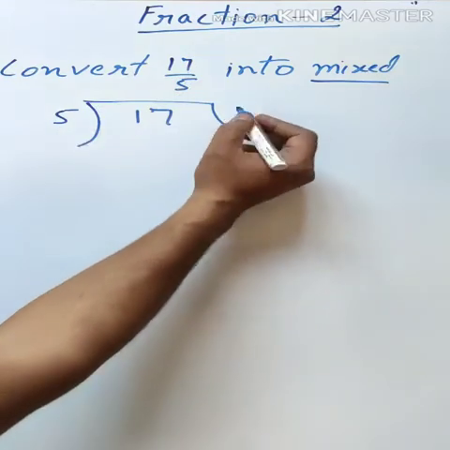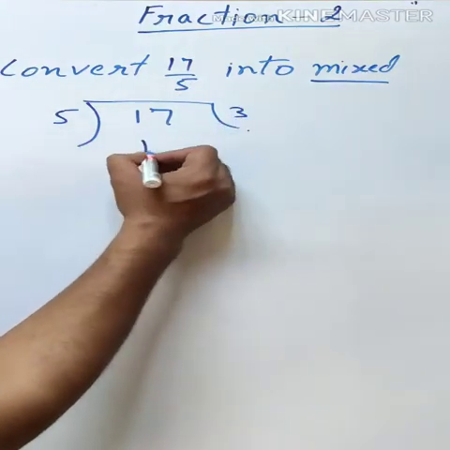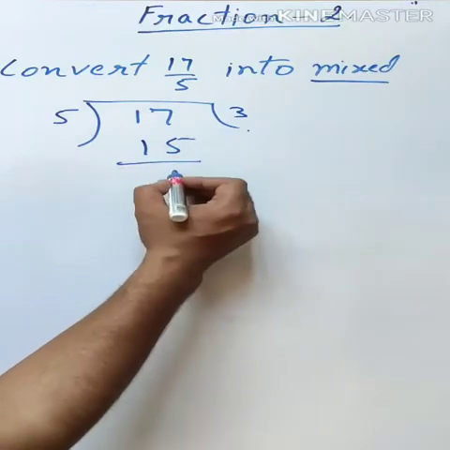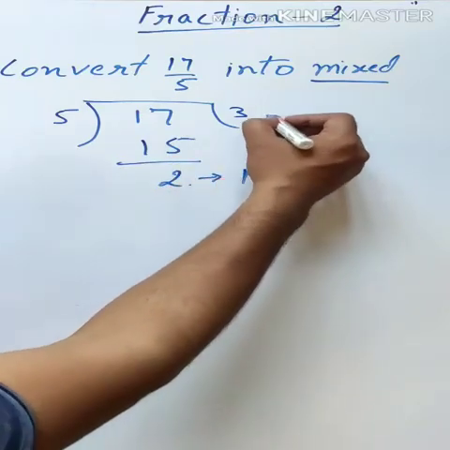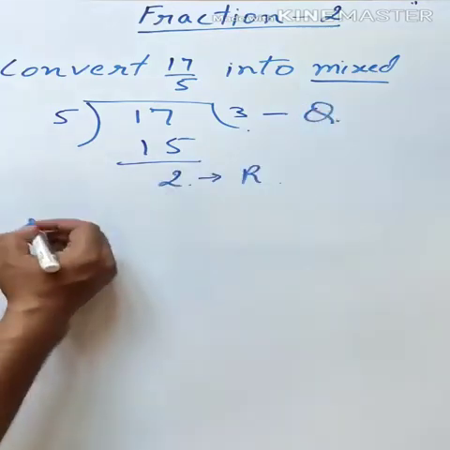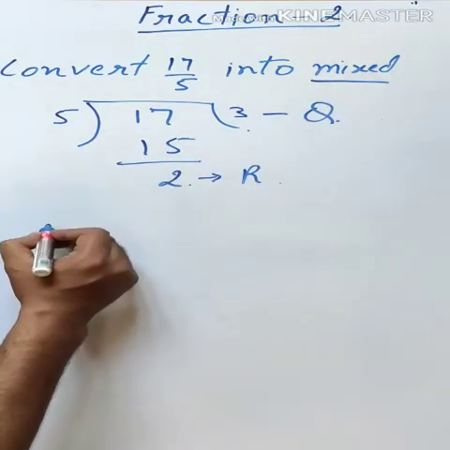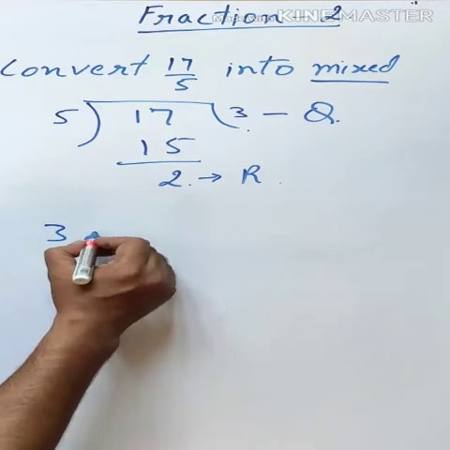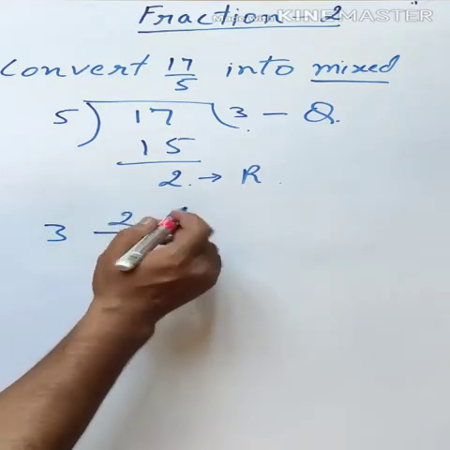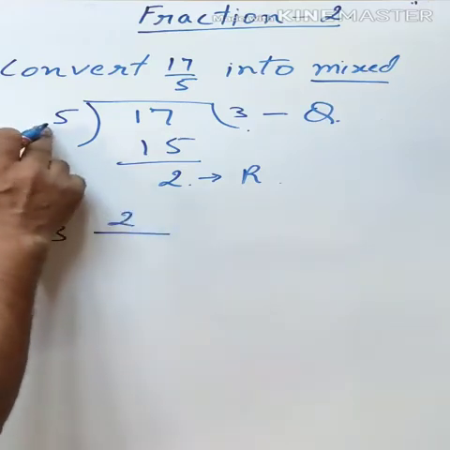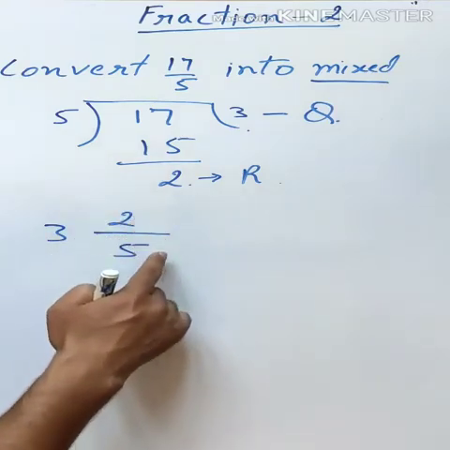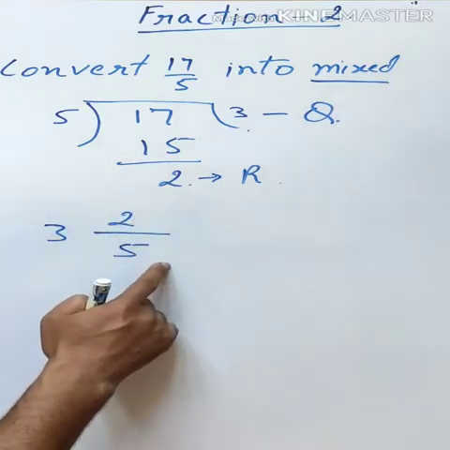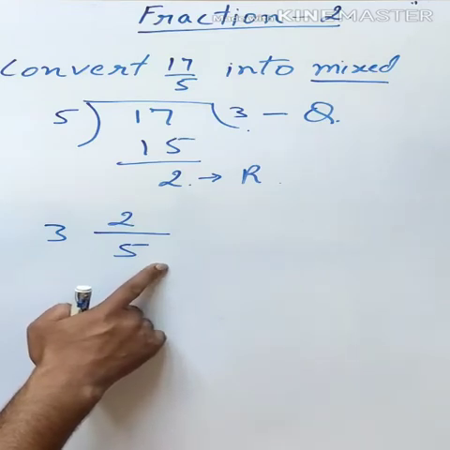Now 5 threes are 15, so the remainder is 2. So this is the remainder, this is the quotient. So we write 3 as the quotient, 2 as the remainder in the numerator, and 5 as the denominator. So 3 whole 2 upon 5. So this is how we convert an improper fraction into a mixed fraction.